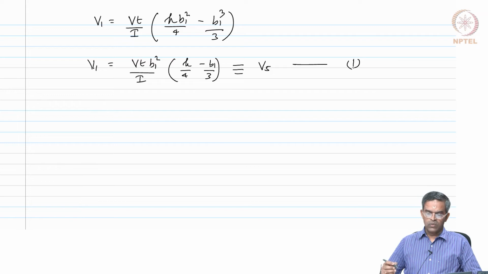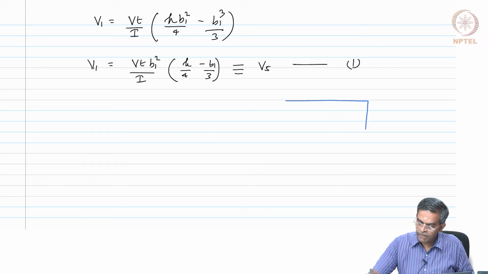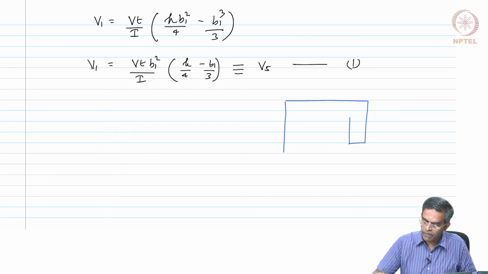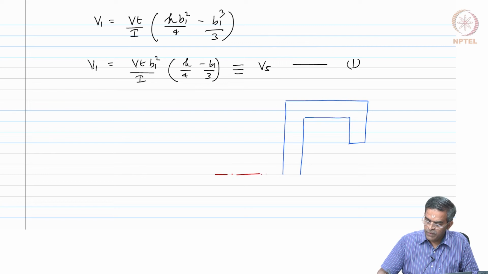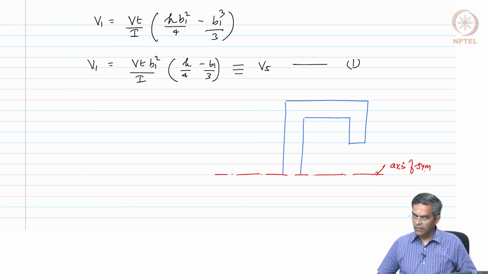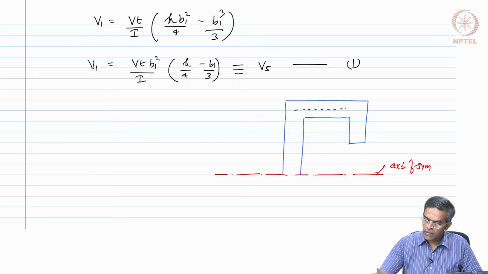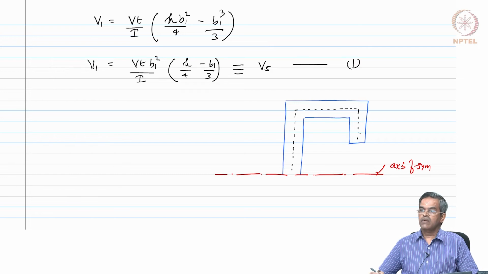Now, let us do it for V2. We will draw a separate figure. This is my axis of symmetry. Let us mark these dimensions. It is a thin section, so I am marking all the dimensions centerline.